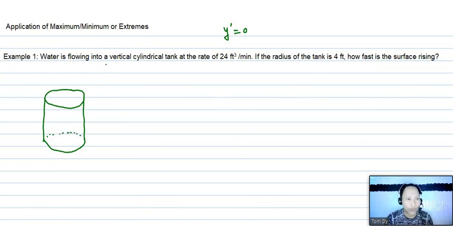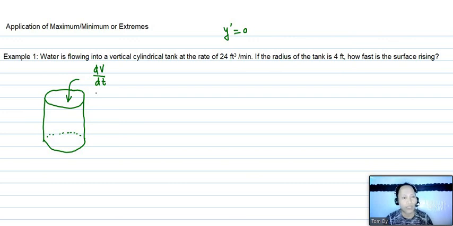Water is flowing into a vertical cylindrical tank, at the rate of 24 cubic feet per minute. If the unit is cubic feet, then that is volume. And then we have here per minute, so that is per unit time. That is why we have volume per unit time.